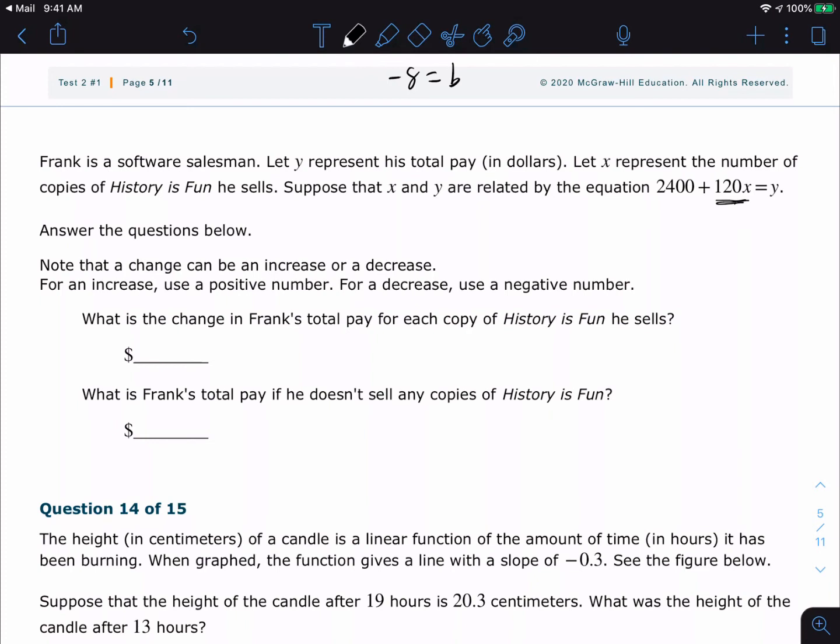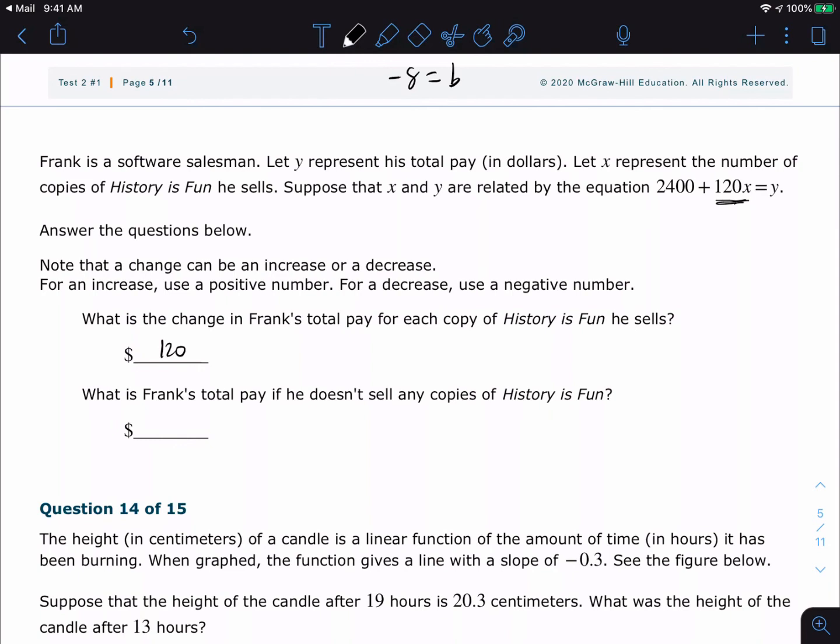If I start at 0, you're going to have 2400, and then if you make it a 1, it's going to go up by 120. Every time it's going to go up by 120 because the 120 is the slope. So the change, or what he's going to make, is $120.